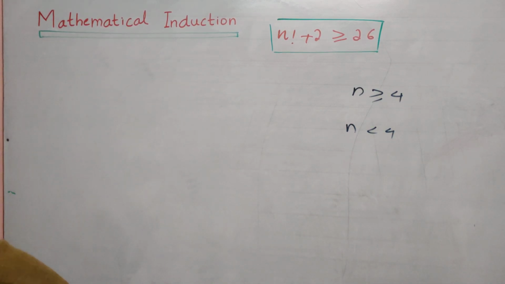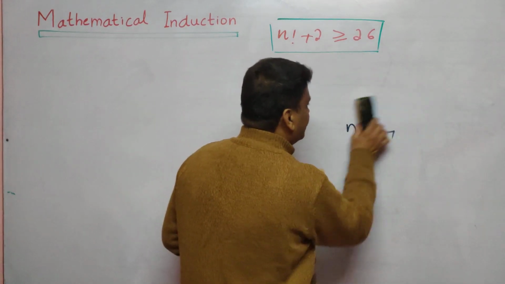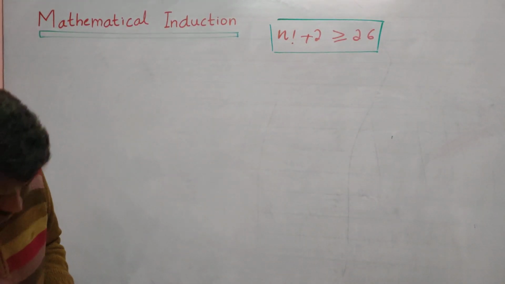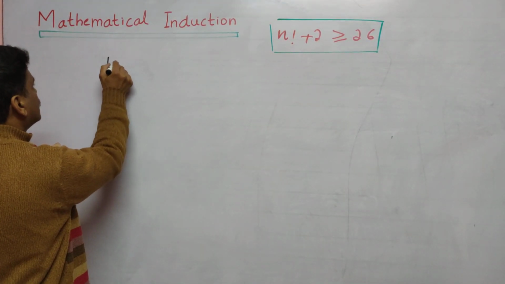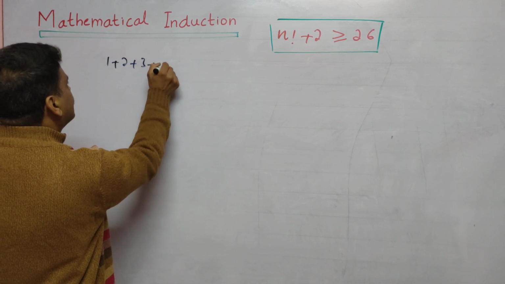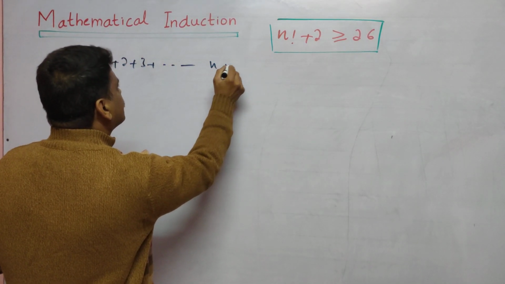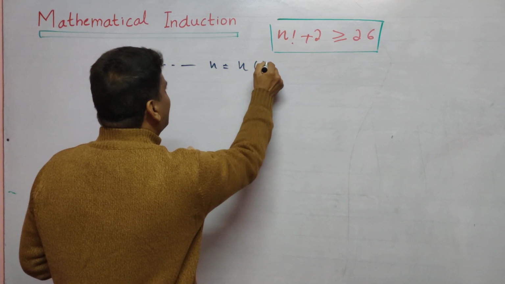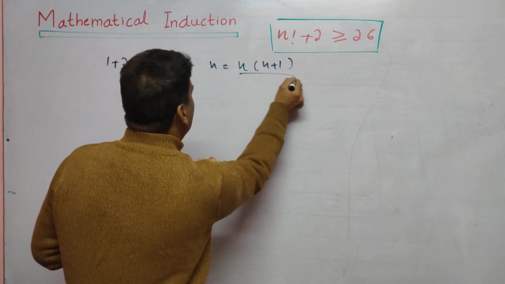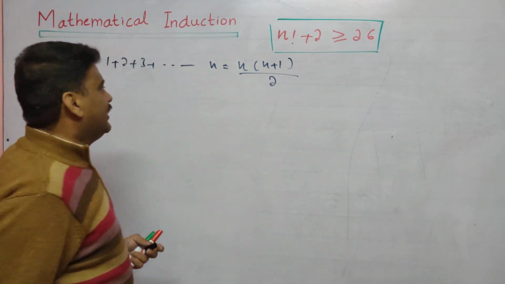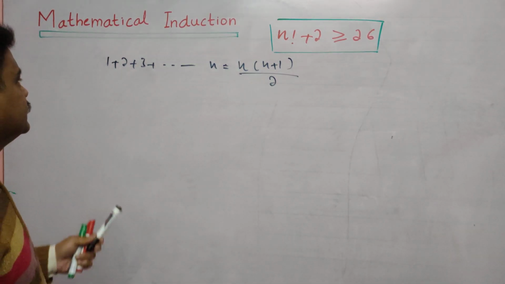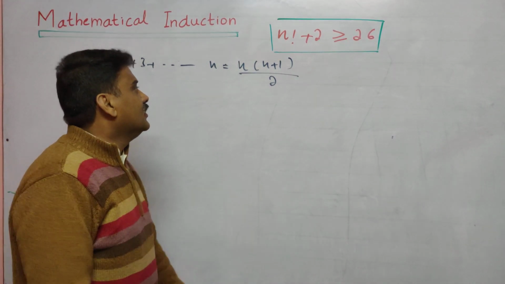For example, if a statement is given to us: 1 plus 2 plus 3 up to n is equal to n times n plus 1 by 2, and we have to prove that it is true for all positive integers.